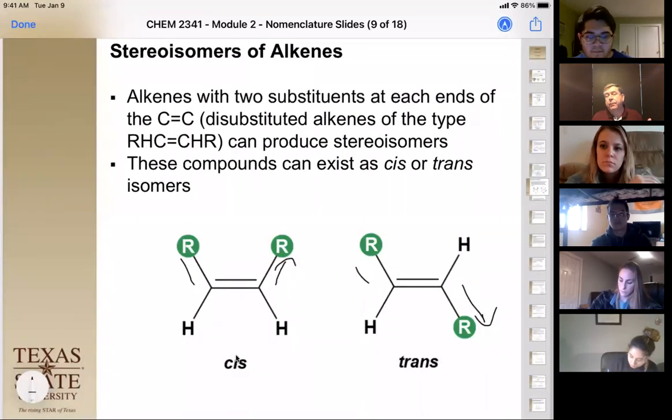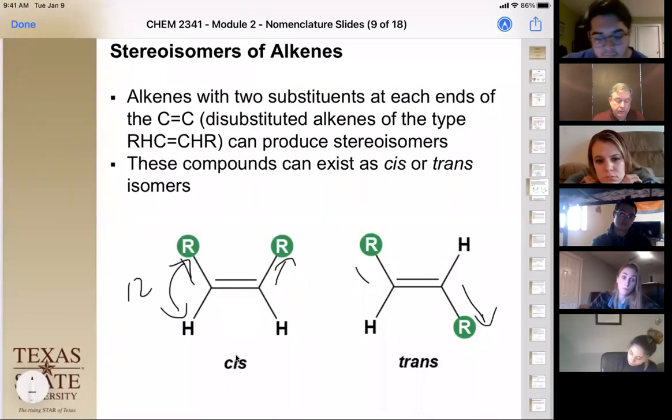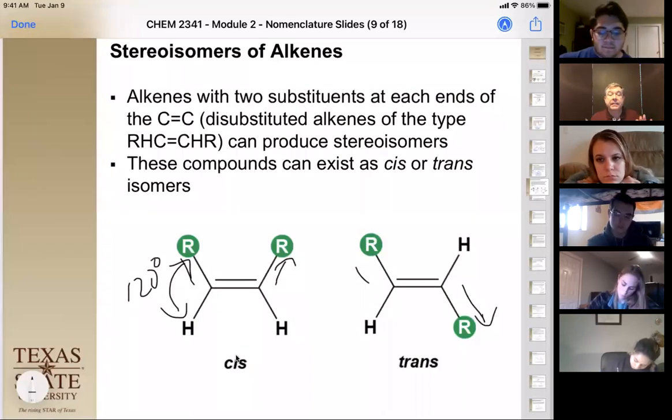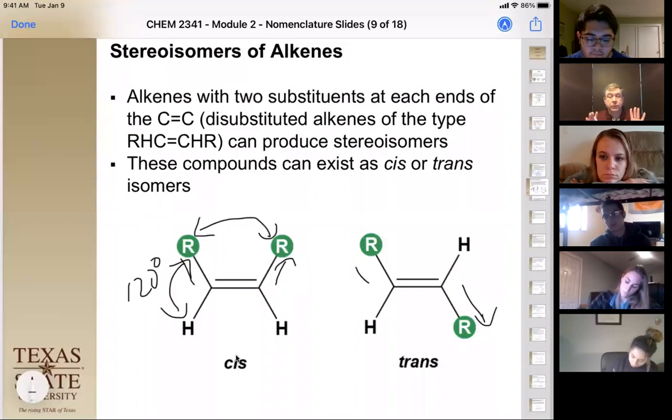Now, in a regular hydrocarbon, a sigma bond can rotate. However, a pi bond can't. This is that 120-degree trigonal planar structure. It's fixed in space. That means if you synthesize this where these 2 R groups are on the same side, they will stay on the same side until you change it.